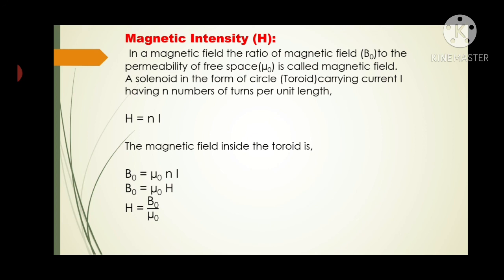Since nI is the magnetic intensity, we can substitute nI as H. So the equation becomes B naught is equal to mu naught H. If you rearrange it, we get H is equal to B naught upon mu naught.